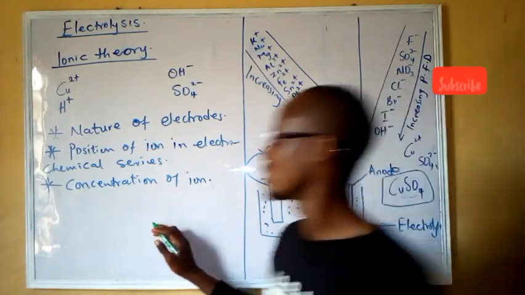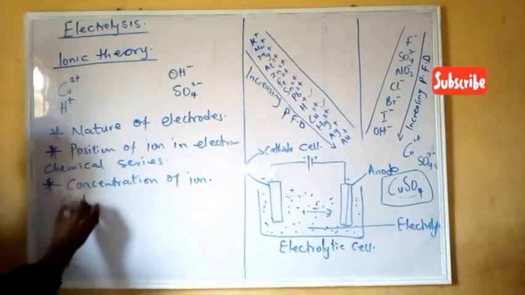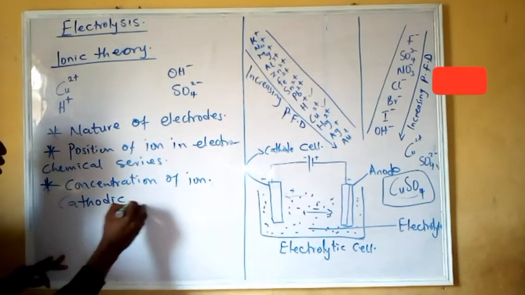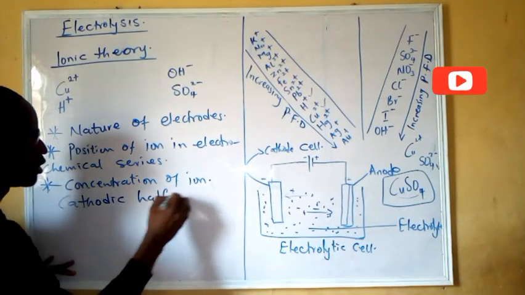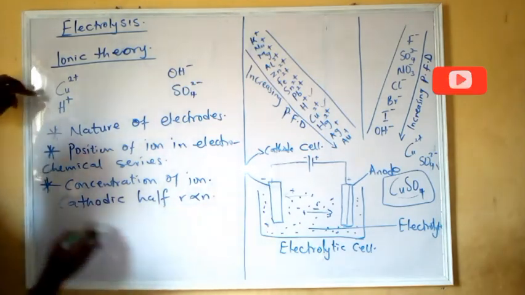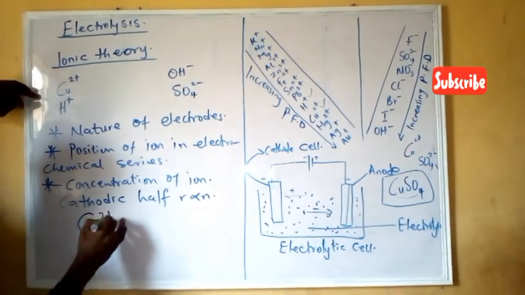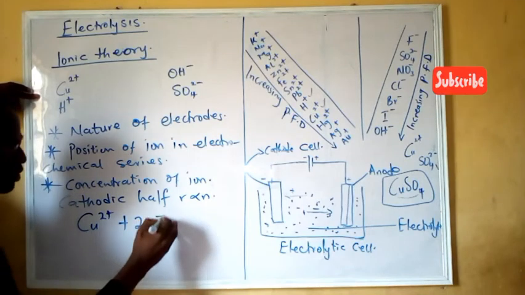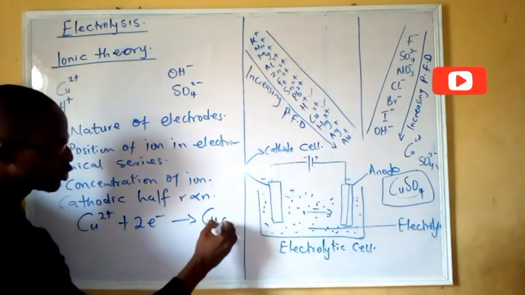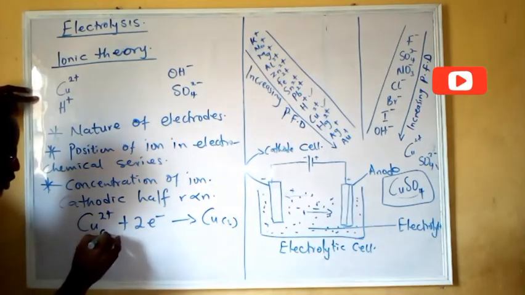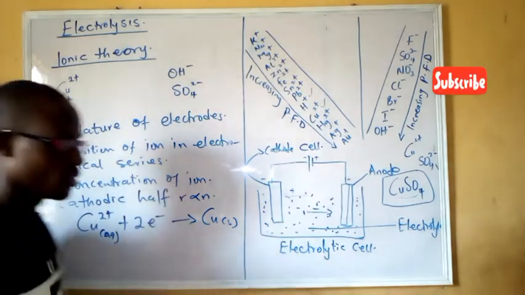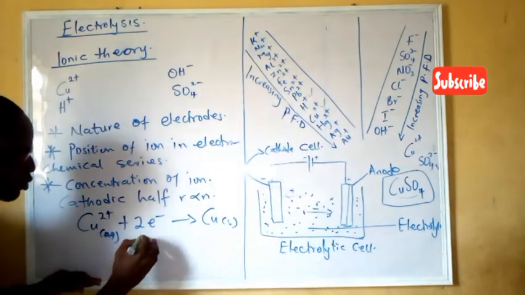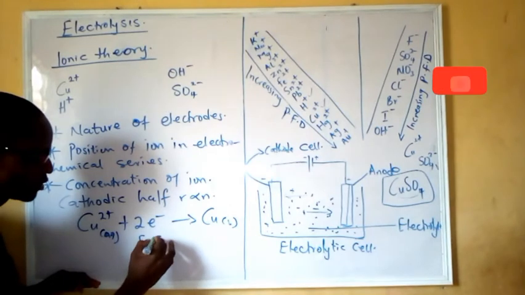What happens at the cathode is called the cathodic half reaction. Cu2+ (aq) accepts 2 electrons from the cathode and becomes Cu (s). This is 2 moles of electrons, that is 2 Faraday.